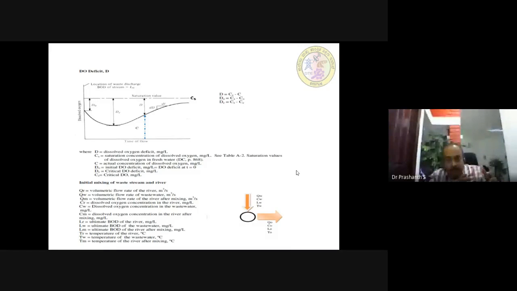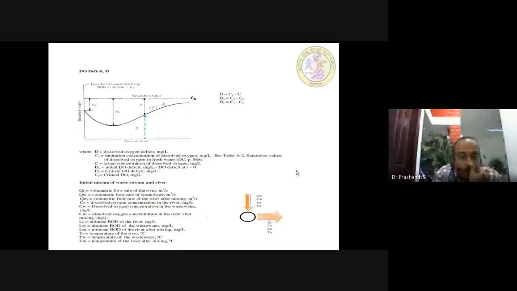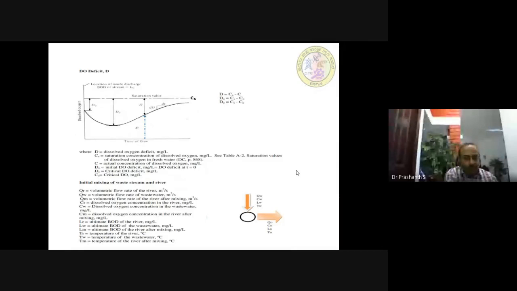Then zone of degradation starts. So now for my mathematical analysis, I have taken QR is volumetric flow rate, QW volumetric flow rate of wastewater, QM is mixing ಆದ್ಮೇಲೆ ಎರಡು ಮಿಕ್ಸ್ ಆಗೋದು QR QW, CR is dissolved oxygen concentration, CW dissolved oxygen concentration in the wastewater, CM is dissolved oxygen concentration in the mixing, TR temperature of the river, TW temperature of the wastewater, TM temperature of the river mixing.